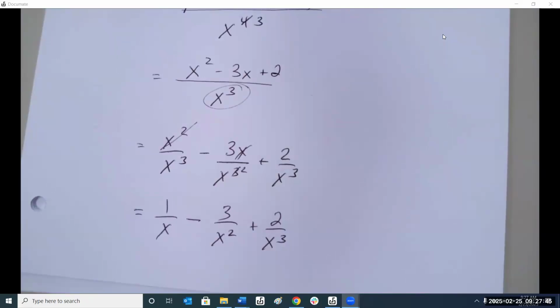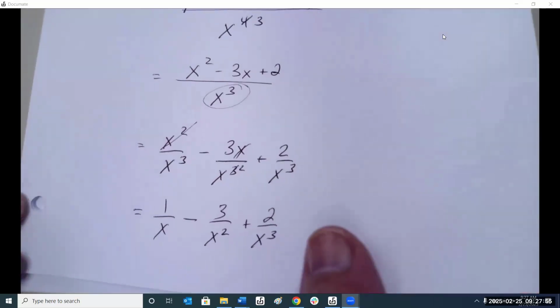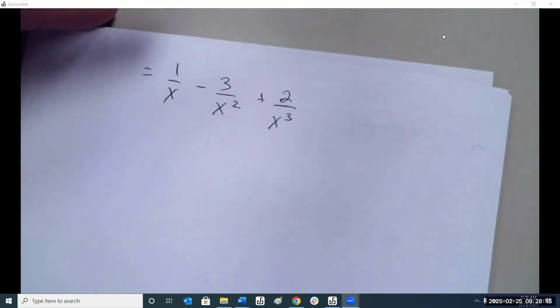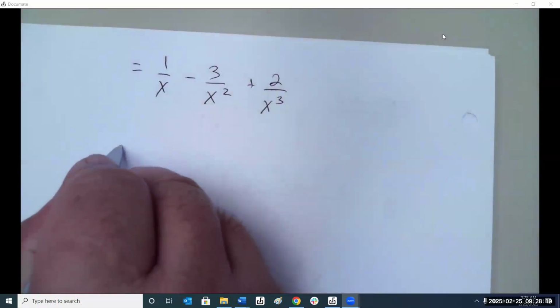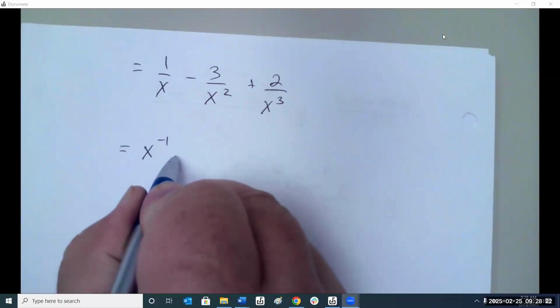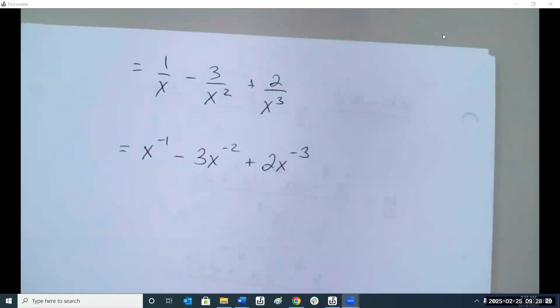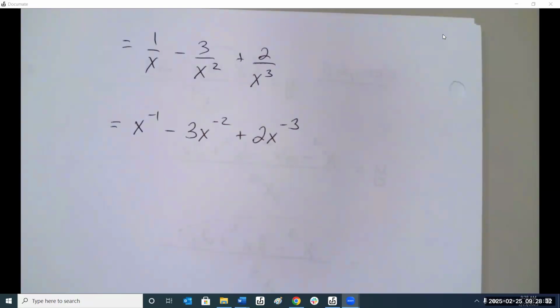How does this make it easier? This makes it easier because now I can change each of these to negative exponents and just do the power rule and the sum rule.